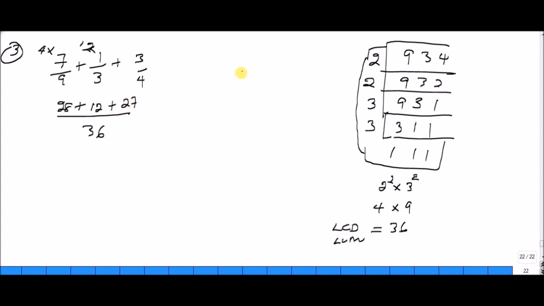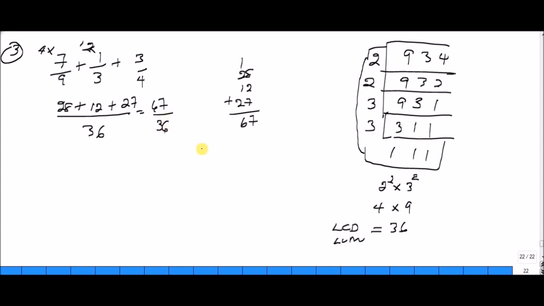So 28 plus 12 plus 27, 8 and 2 will be 10, and 7, 17, carry 1, and we have 1 and 2 make 3, and 1 4, and 2 6. So we have 67 over 36.